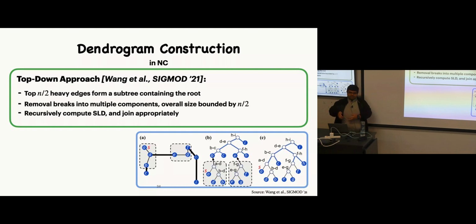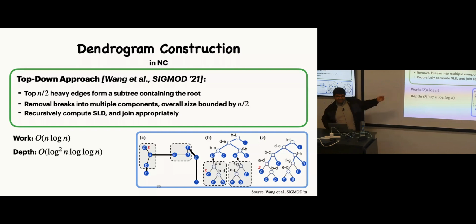So solve the problem on these connected subtrees, and just hang them off those. Conceptually it sounds like a very easy idea, and it's not too hard to see that the work should be n log n because you're dividing into subproblems of size at most n over 2, and it can be implemented in depth log squared n.